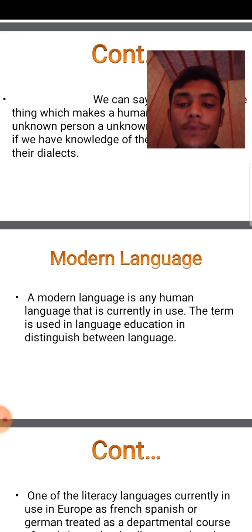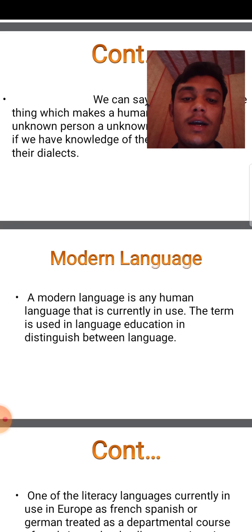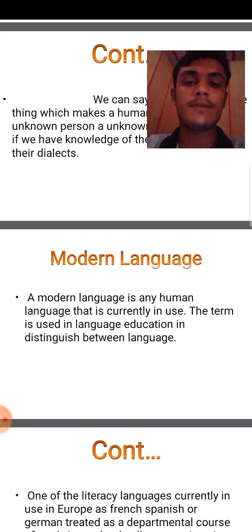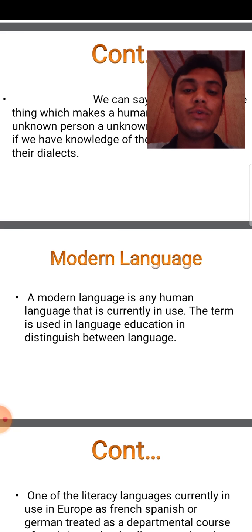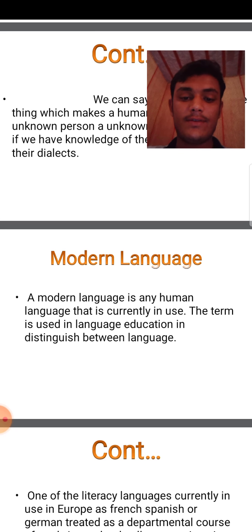The term is used in language education to distinguish between languages. As you know, nowadays English is used in every department, every university, every college, in every institution. English is compulsory, and we have to learn English. Urdu is a good language, but English is a very excellent language.